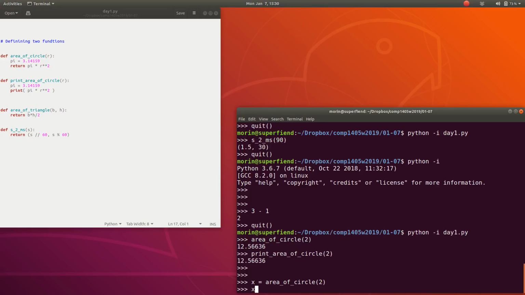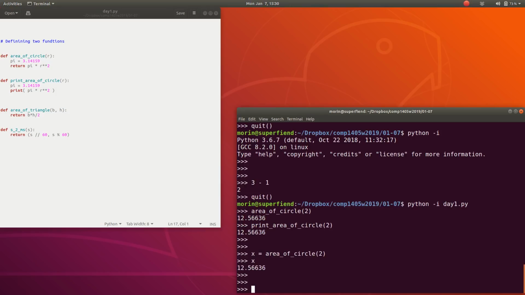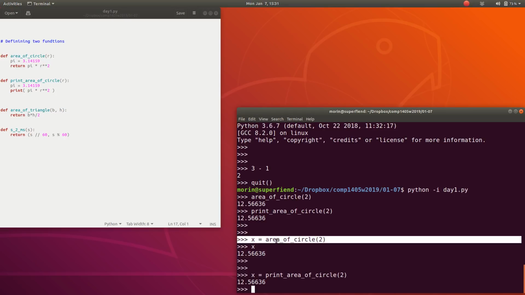And then if I look at the value of x, it's 12.56 something. If I say x is equal to print the area of the circle, so already something different has happened. In one case here, nothing got printed.